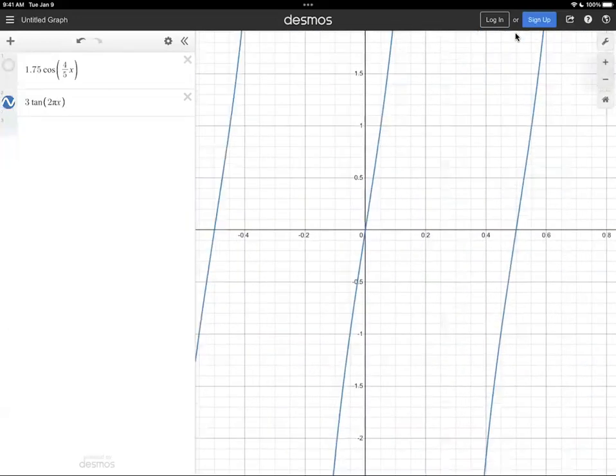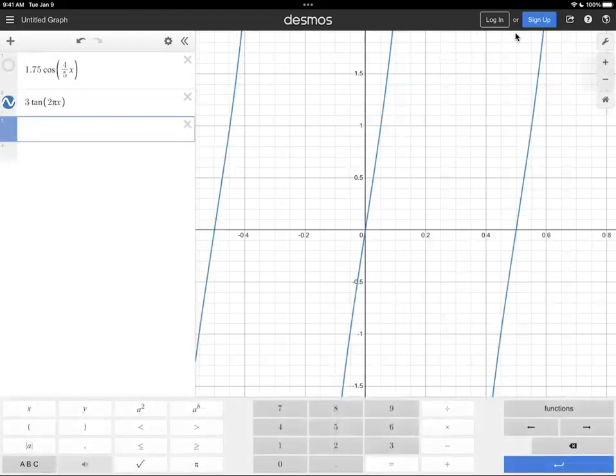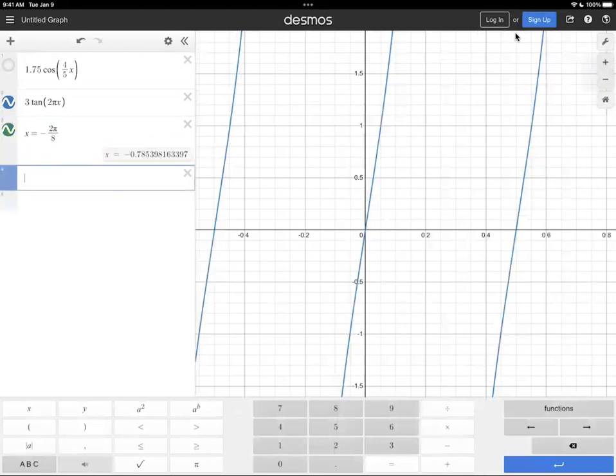And we graphed from x equals negative 2 over 8 to positive x equals 2 over 8.